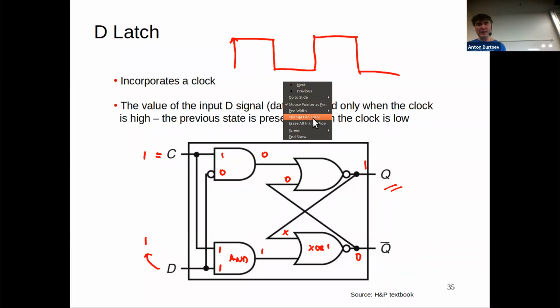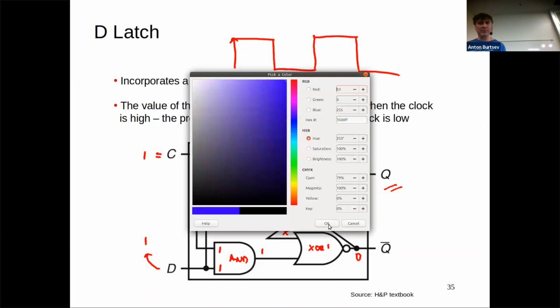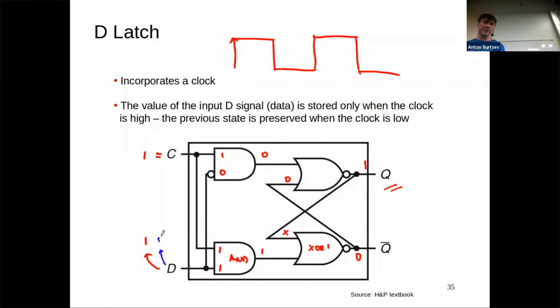Now let's switch. Let me change the color to blue. Let's switch D to 0, right? So clock stays the same. Oh, pardon. So this one is 0, so this one becomes 1. So this is 0 and clock is still high. So 0 and 1 is 0, and 1 and 1 is 1, right?